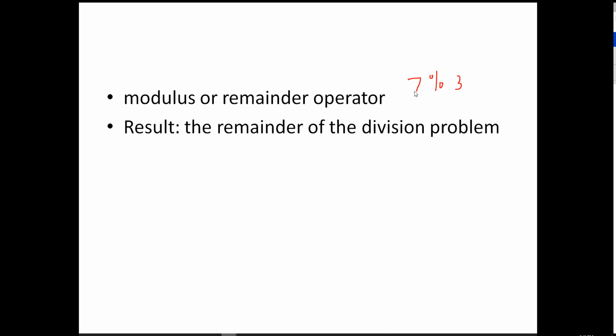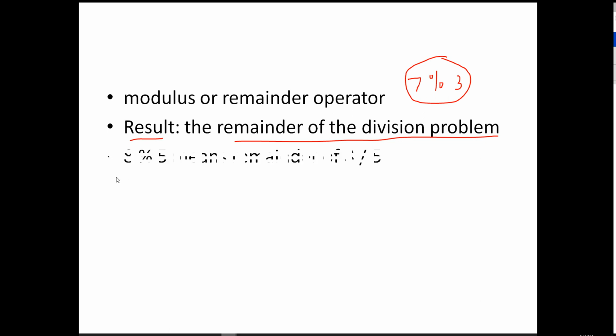So instead of 7 plus 3 divided by 3 or whatever, it's 7 modulus 3. And so the result is the remainder of the division problem. So this is looking for the remainder of 7 divided by 3. Let's illustrate that. Let's say we have 8 modulus 5. What that means is what is the remainder of the division problem, 8 divided by 5.